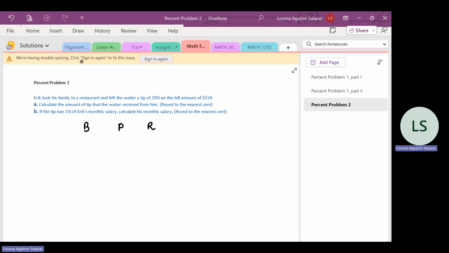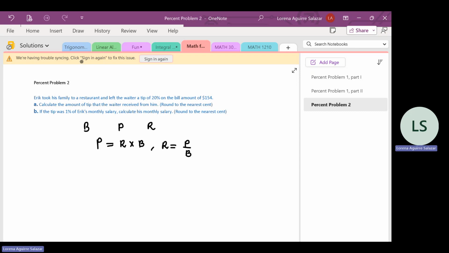Now, the relationship between these three variables can be expressed as follows. We have that portion equals rate times base. And just as we can write portion in terms of rate and base, we can write the rate in terms of the portion by doing portion divided by base.